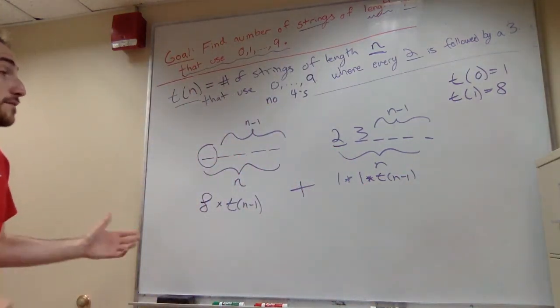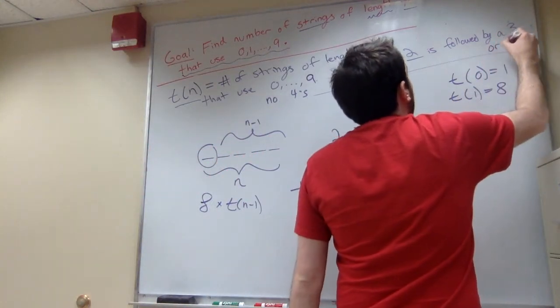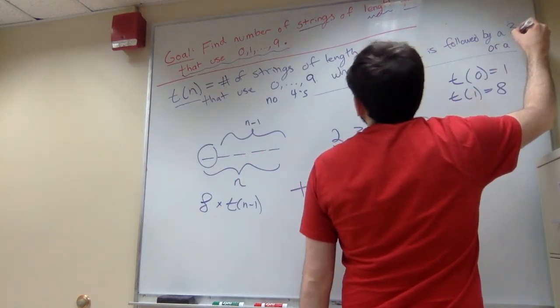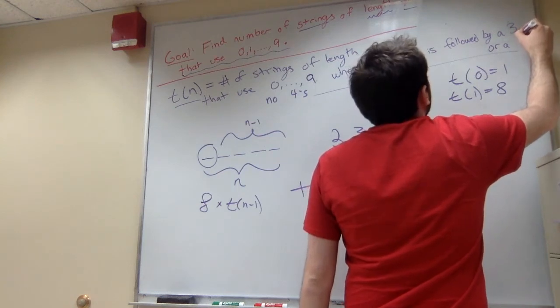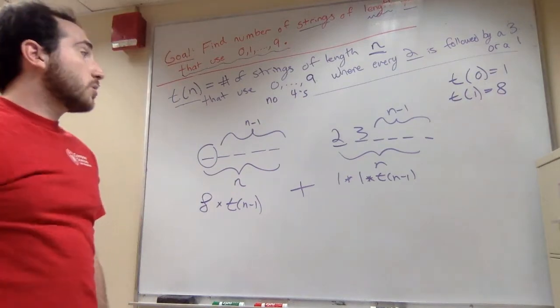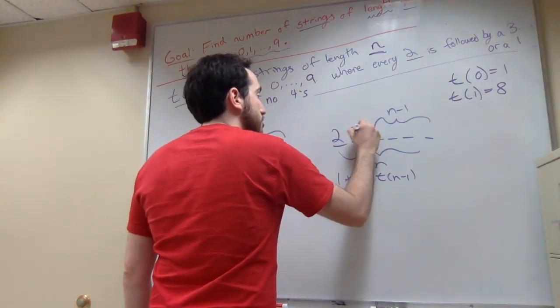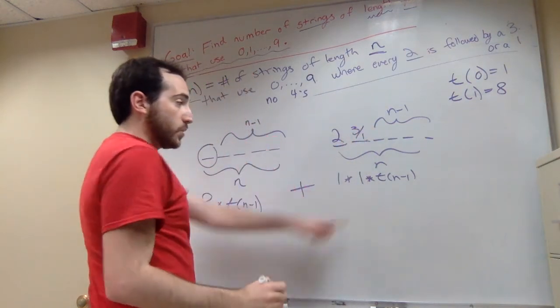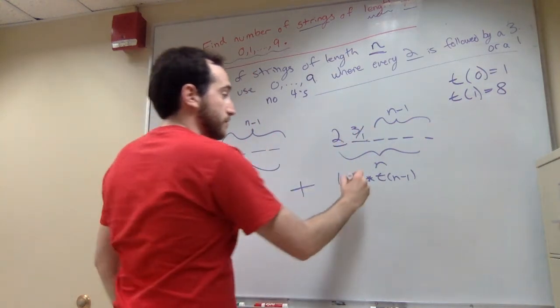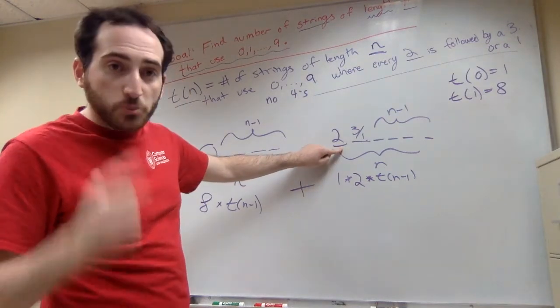So, what if I were to also say it could be followed by a 3 or, what number haven't I used yet? Or a 1. It could be followed by a 3 or a 1. So now, instead of just a 3 here, there are 2 choices. So, again, first spot, there's 1 option.